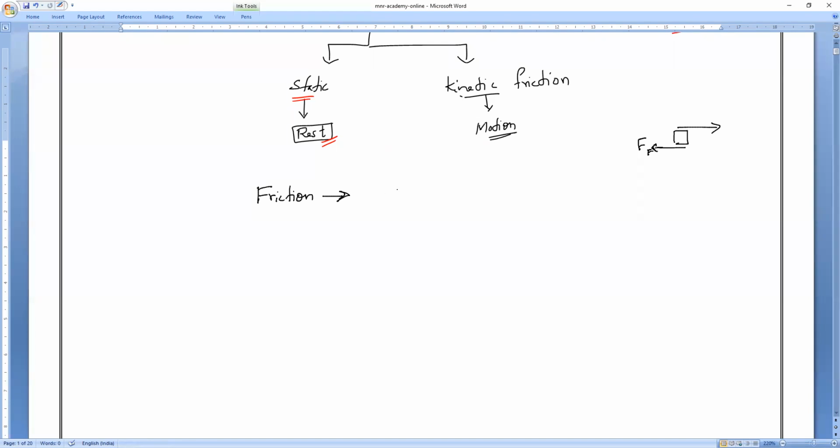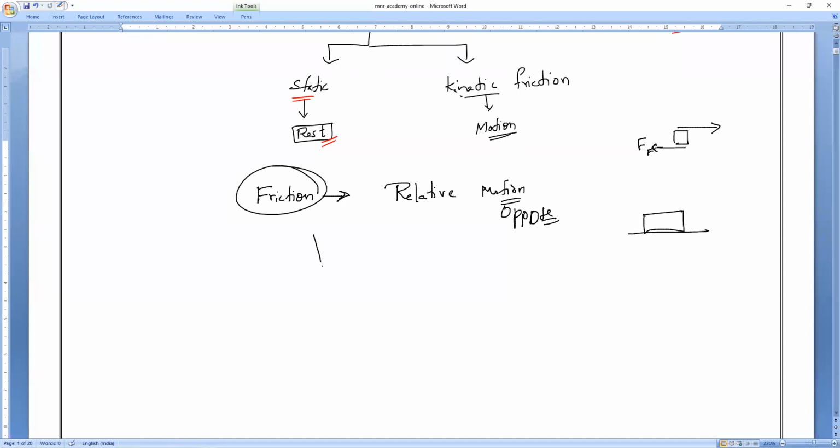That is what we can say: friction is actually opposition to relative motion. One surface is passing over another surface, that is the relative motion, and friction is the force opposing it. That is what we call friction or frictional force.